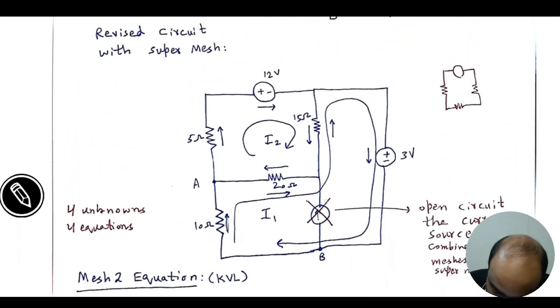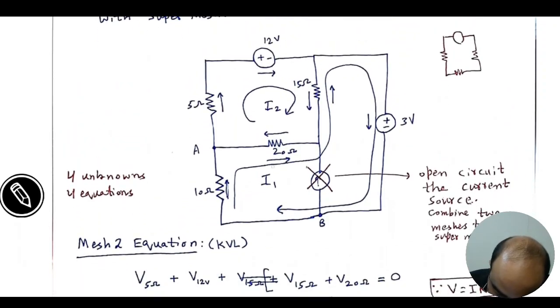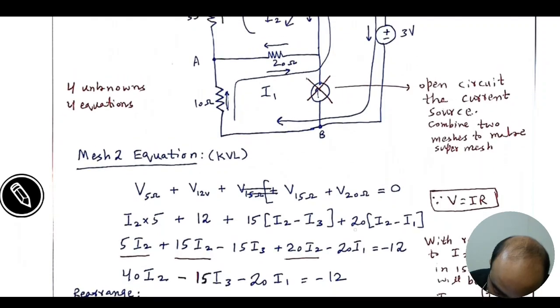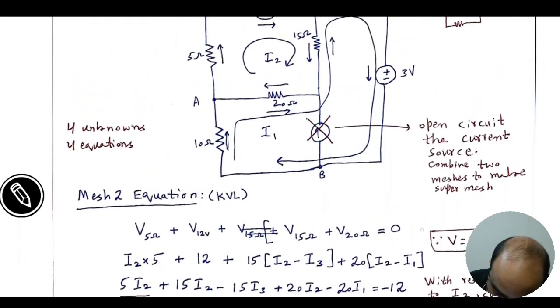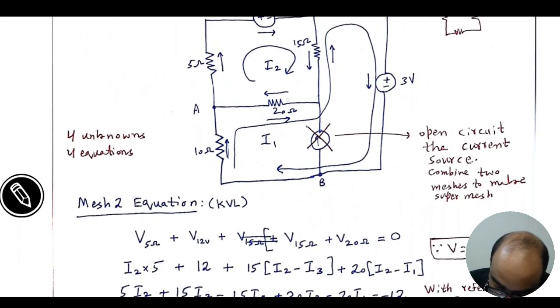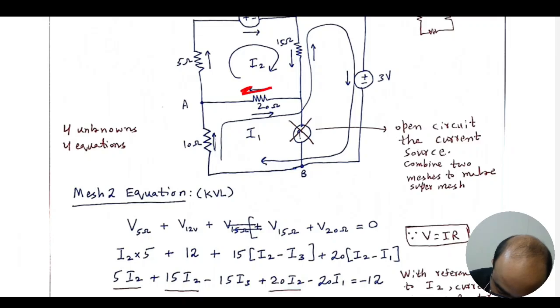Similarly, the next circuit element is the 20 ohm resistance. Here is, you can see, 20, and the current flowing through it will be I2 minus I1, just like I2 in this direction and I1 in the opposing direction. So the net effect will be I2 minus I1.